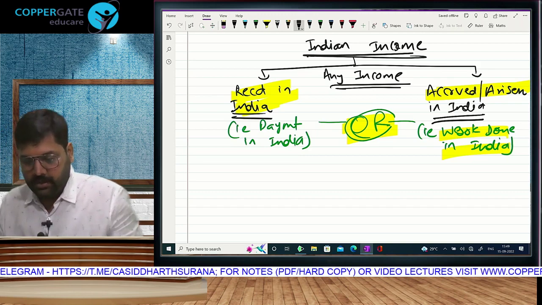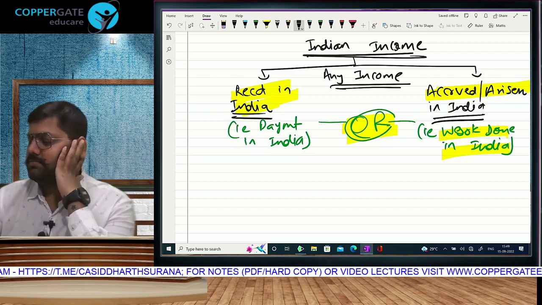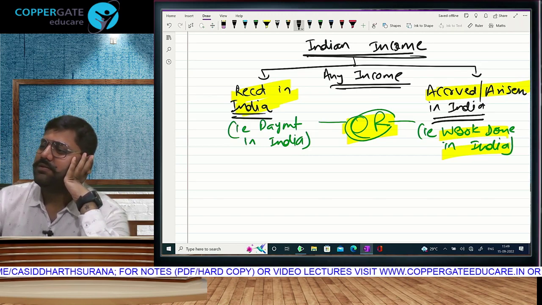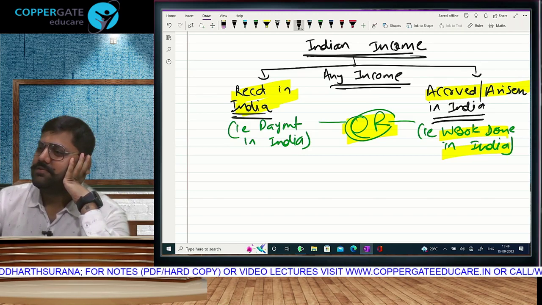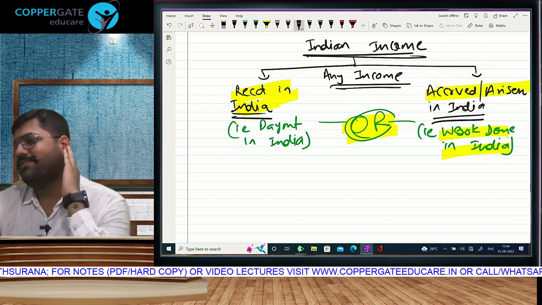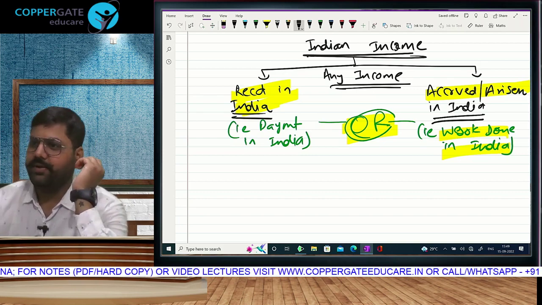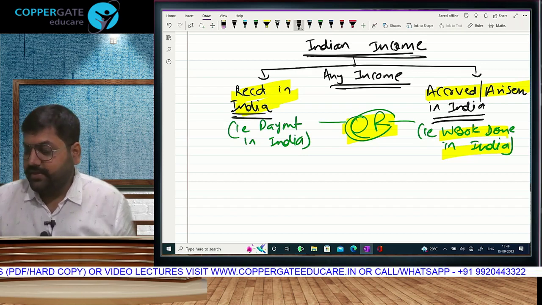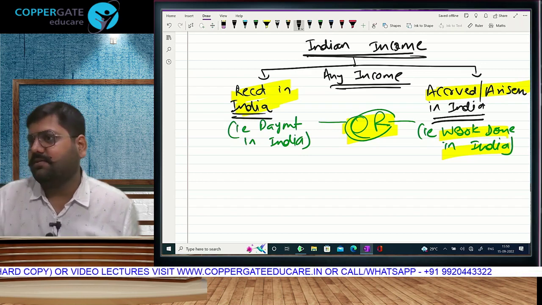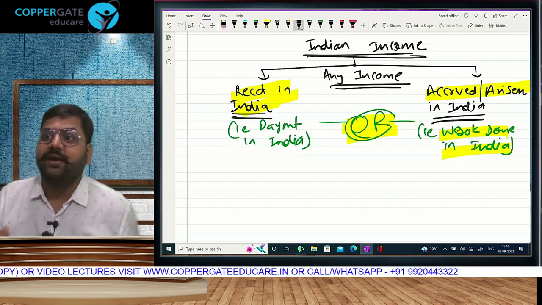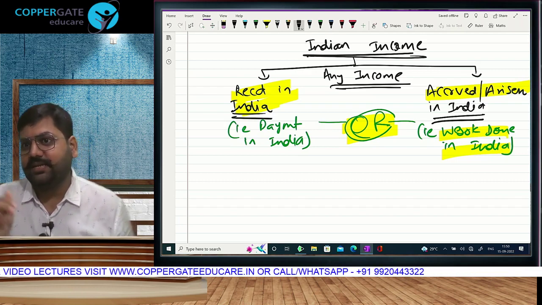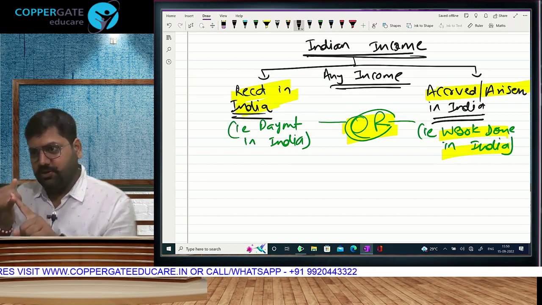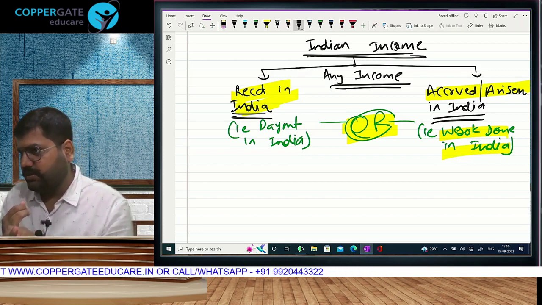Very good. Supposing there is a famous citizen of some foreign country, say a name. Is it so difficult? Joe Biden. He is working where? US. That means his income is arising where? US. He is getting paid where? That means he is getting receipt. Where is his receipt? That means work done outside, payment received also outside.